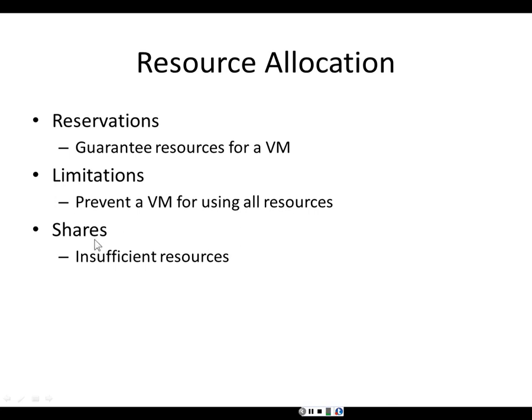And shares are used to proportionally distribute resources when certain virtual machines are more important than others. Reservations make sure that the virtual machine has something. Limitations make sure a virtual machine doesn't take it away from everybody else. And shares proportionally divide the resources if there are insufficient resources. If there are sufficient resources, then we don't have to worry about shares.